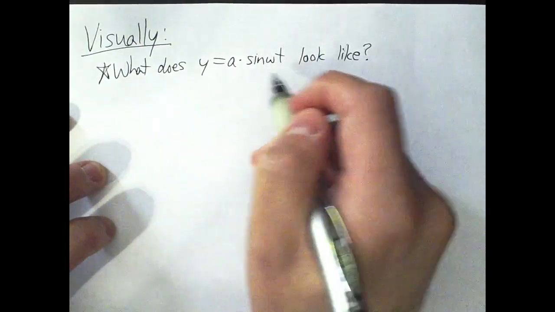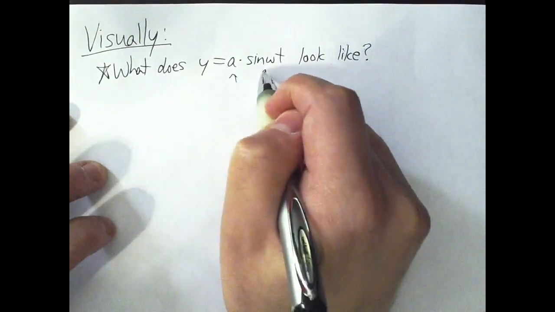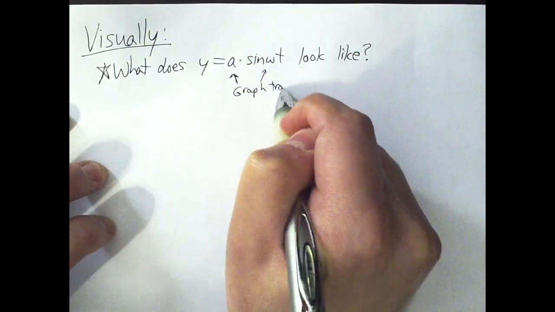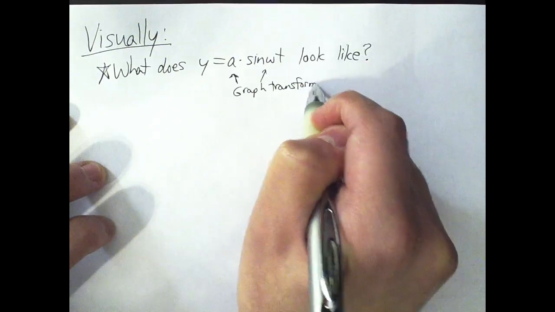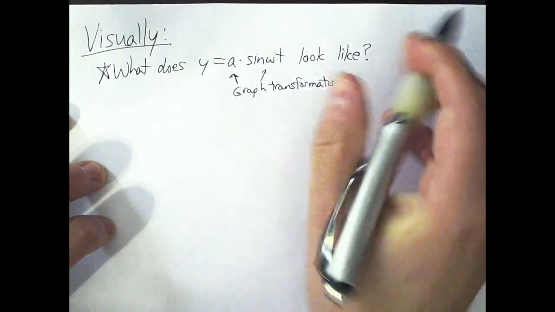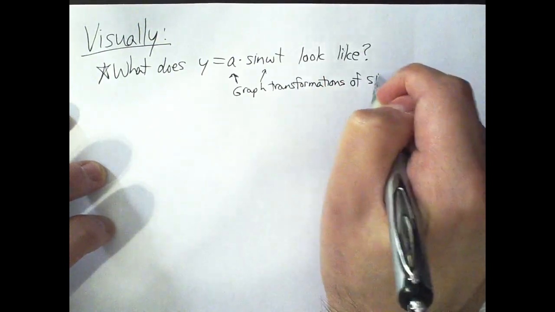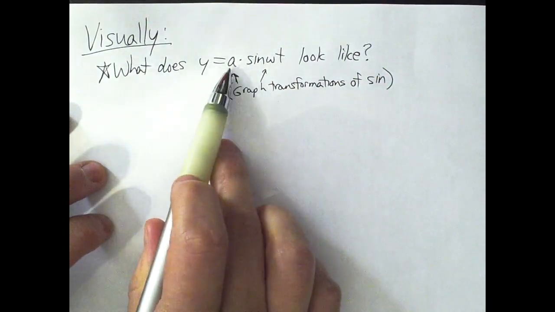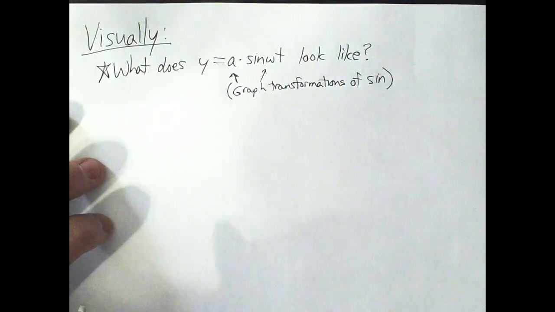The idea is that these are just graph transformations of sine. If we know what sine looks like, then we remember what it means to have a constant out front, and what it means to have a constant on the inside.